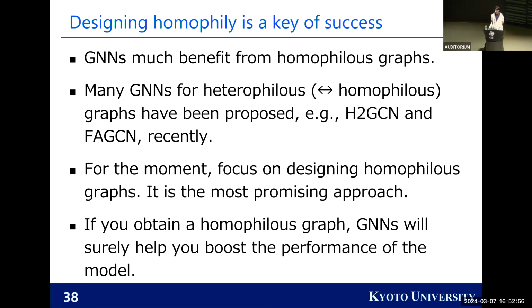So it is better to focus on how we can define homophilous graphs, or how we can convert heterophilous graphs into homophilous graphs for the moment. Yeah, and once you obtain a homophilous graph, if you could succeed in defining homophilous graphs, then congratulations. GNNs will surely help you boost the performance of the model by exploiting the homophily property.